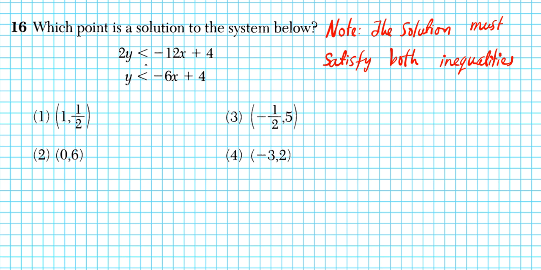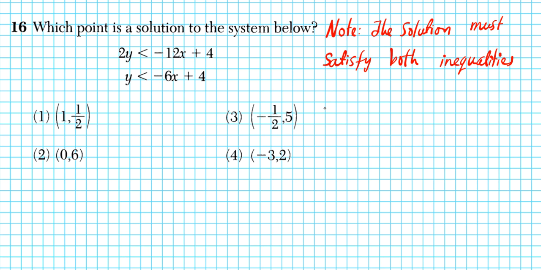Now, if you take a look at inequality number one, you notice that the three numbers have a greatest common factor, which is 2. So we can simplify this so that our problem solving process will be easier. Let me rewrite it so you can see it clearly.